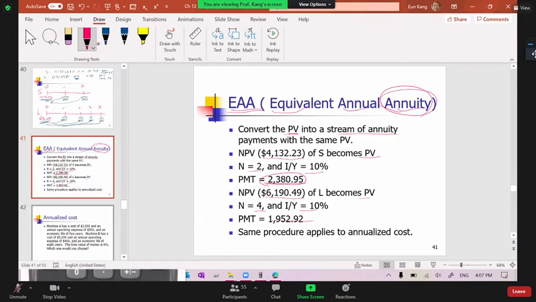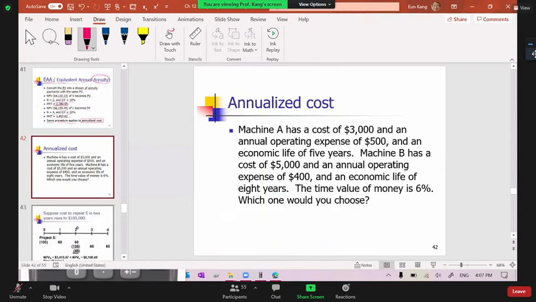Then what? Same procedure applies to annualized cost. Annualized cost. What does that mean? That means it's like this. Machine A has a cost of 3,000, an annual operating expense of 500, and an economic life of 5 years.